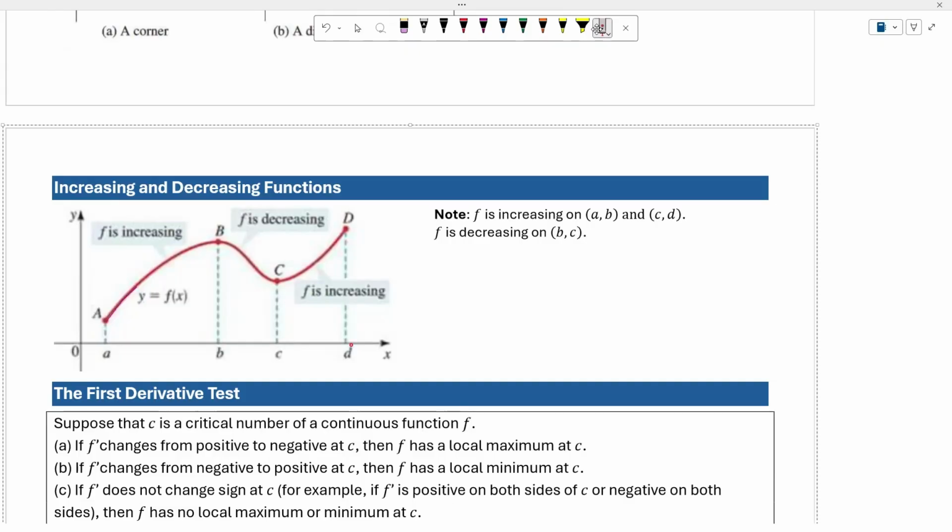And also on the interval x equal to c and x equal to d. And f is decreasing on the interval x equal to b to x equal to c.